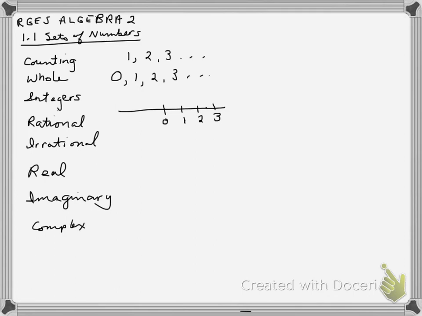We could also have the mirror image of that. In other words, if I started with 0 and went in that direction instead, I would have -1, -2, -3, etc.